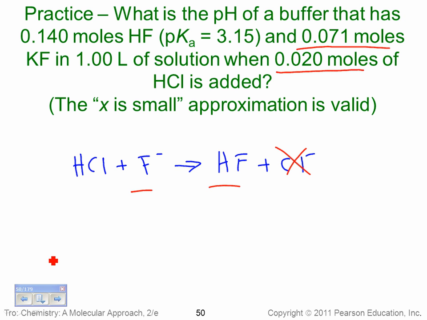So it's not going to be 0.071 anymore. What's it going to be now? It's going to be 0.051. That's what the F minus is. And HF?